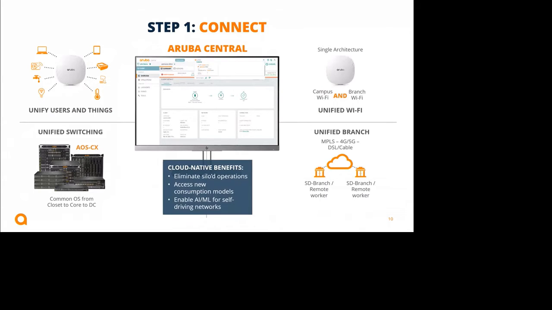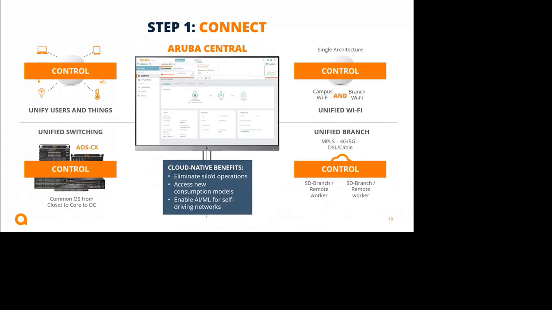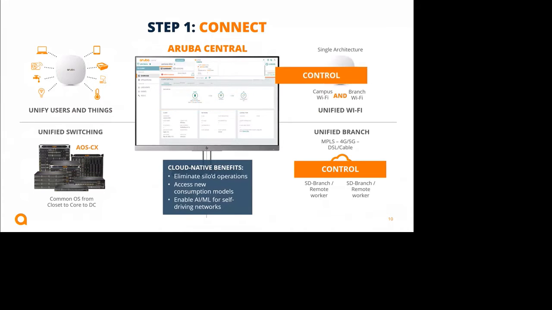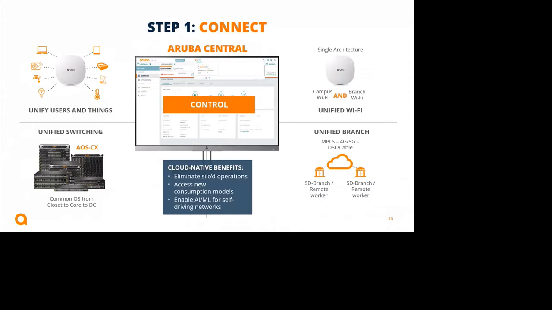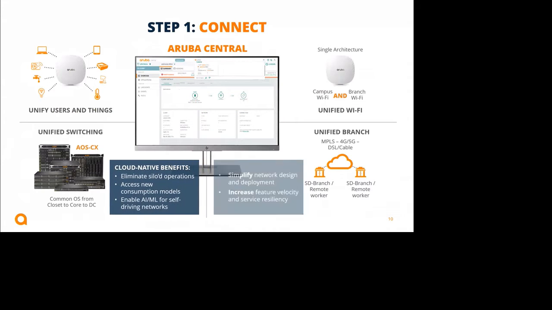According to Gartner, only 15% of all organizations are using cloud management today, and this is expected to grow to 50% by 2025. So unifying the operations in the cloud allows us to eliminate all those siloed management tools. We can create one management tool. It also offers the possibility to enable new as-a-service and on-demand consumption models.